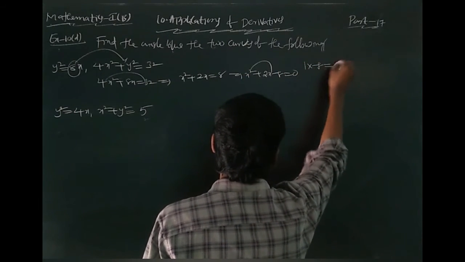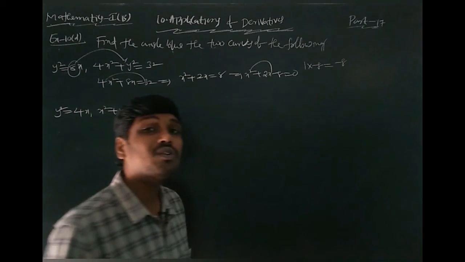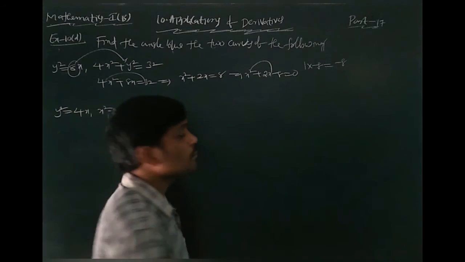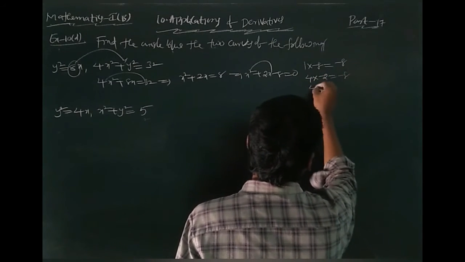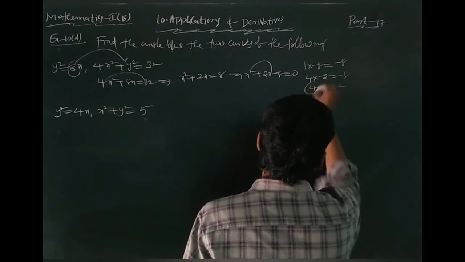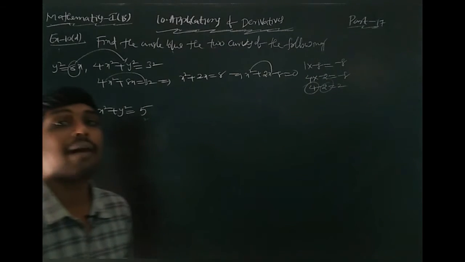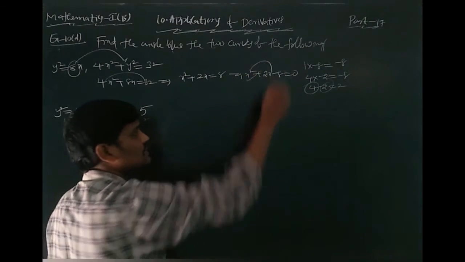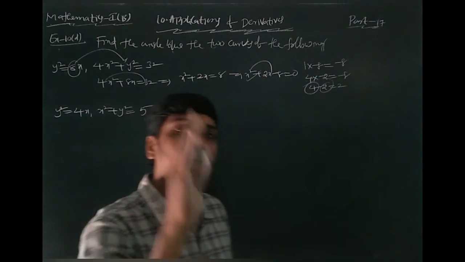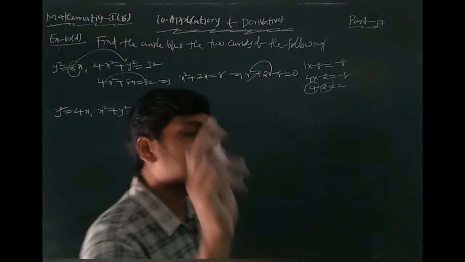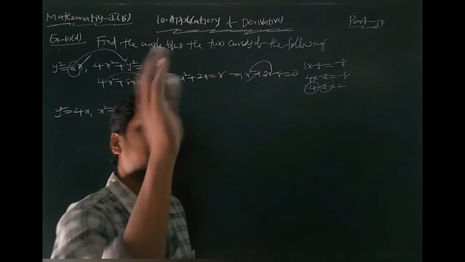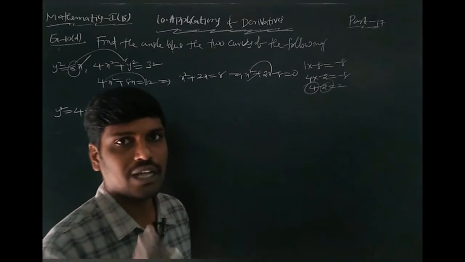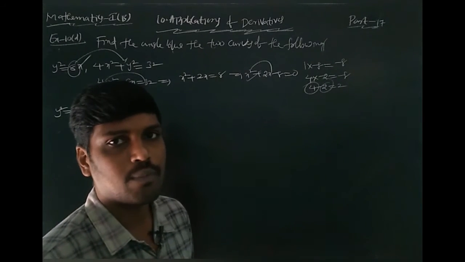The product is minus 8, and the sum is 2, so 4 into minus 2 equals minus 8, and 4 minus 2 equals 2. One root is 4, another is minus 2. You get two x values. In case 1, substitute that x value in equation 1 and you get one point. The other x value gives another point. Understand? You can do this problem similarly.